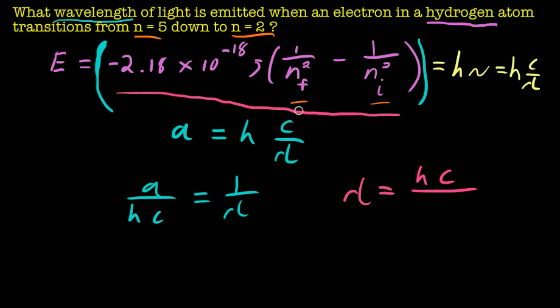So lambda, our wavelength, is equal to Planck's constant times the speed of light c divided by A. Hopefully I'm not confusing you. I am going a little bit faster because hopefully this is review from earlier on in the playlist.